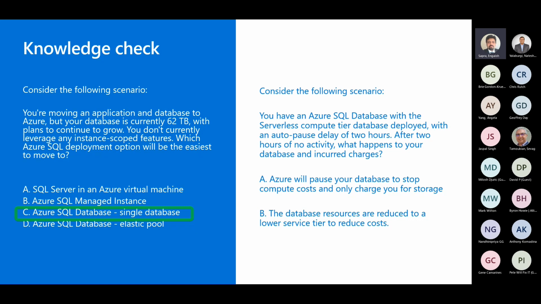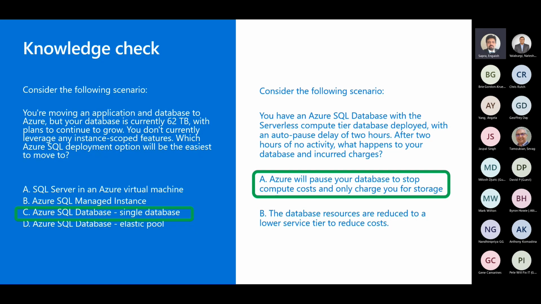Both C and D were the right options, but the database size is the key differentiating factor there. Elastic Pool is mainly for shared or smaller instances. Going to the next question, like we talked, for serverless, once it is paused you are only paying for storage and not really for any compute costs.